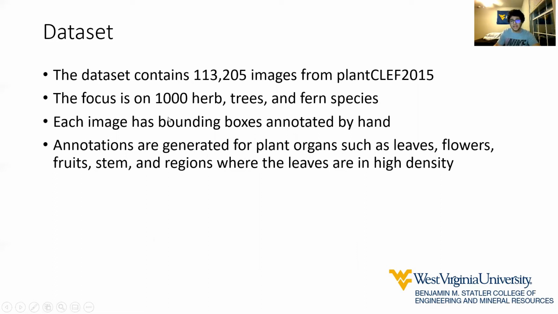And as I mentioned earlier, each image will have bounding boxes, which are annotated by hand. Annotations are generated for the plant organs like leaves, flowers, fruits, stem, and regions where the leaves are in high density, which means if there is a bush or a whole tree.